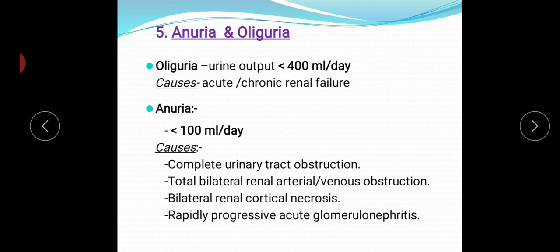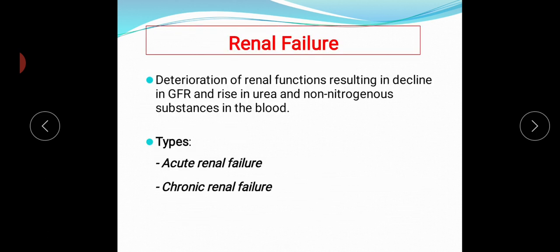So there will be no GFR, and that will lead to anuria. Also bilateral renal cortical necrosis, or glomerulonephritis. So these are certain common urinary symptoms complained of by the patient because of various disorders.